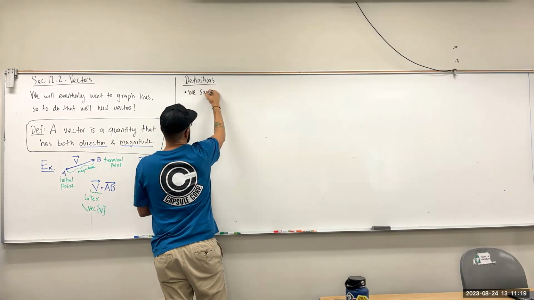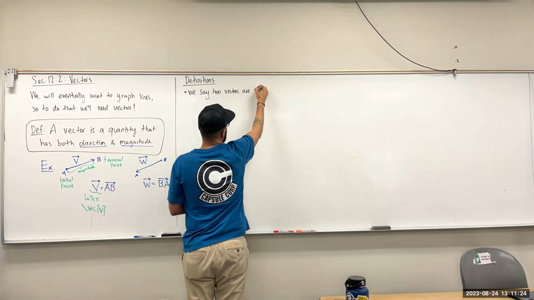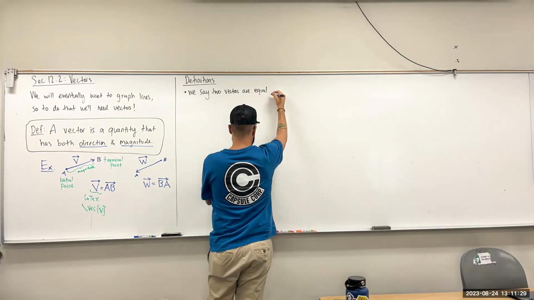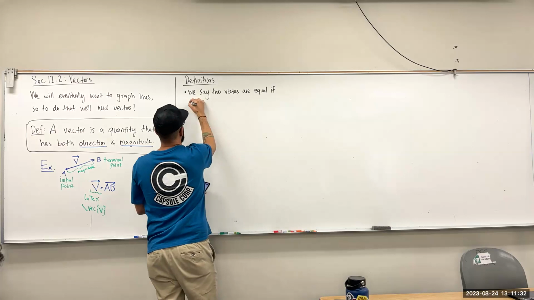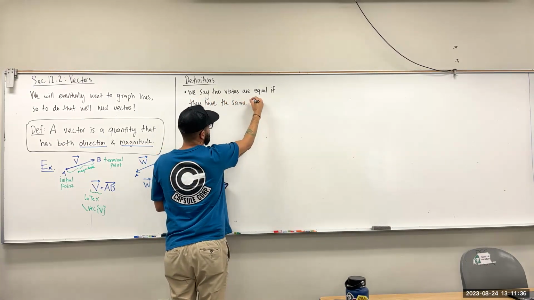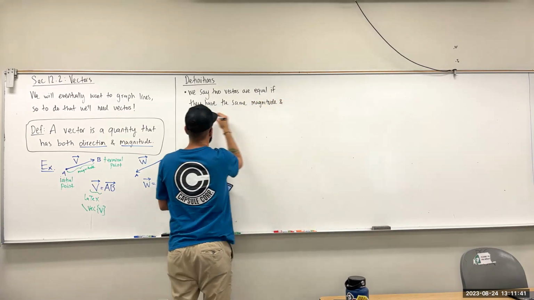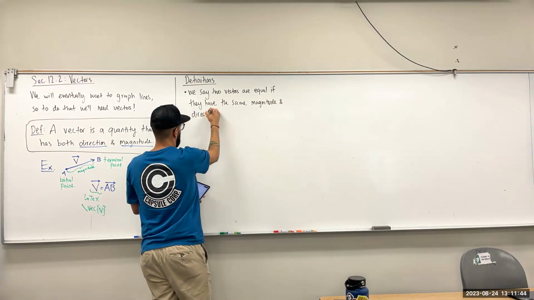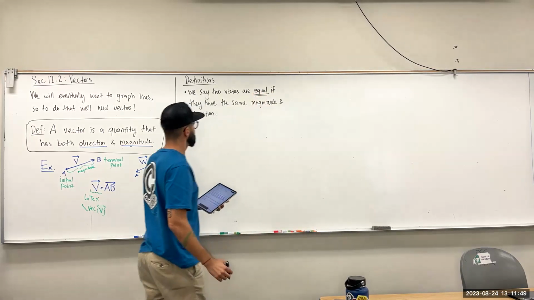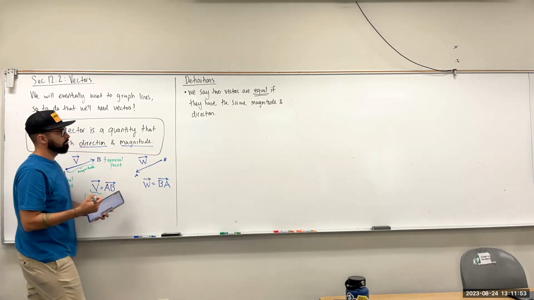We say two vectors are equal if they have the same magnitude and direction. So this is about equality. And so yes, these two are not the same because they don't have the same direction.